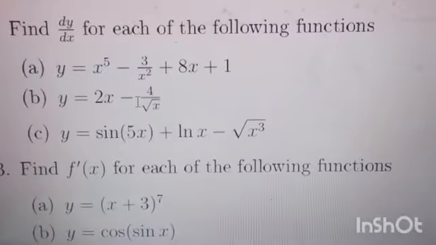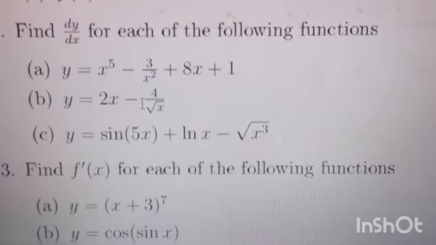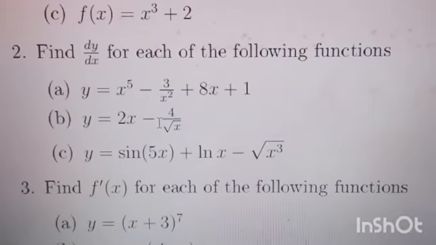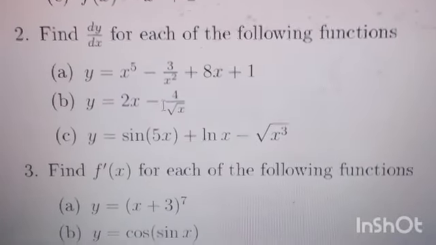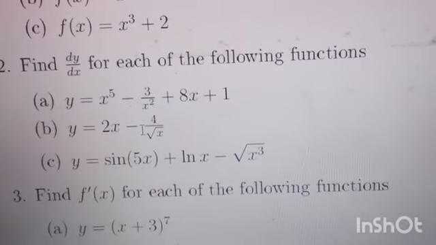Question A is saying y is equal to x to the power 5 minus 3 over x squared plus 8x plus 1. You can't solve this question directly. Okay, you can, but I don't advise solving it directly.